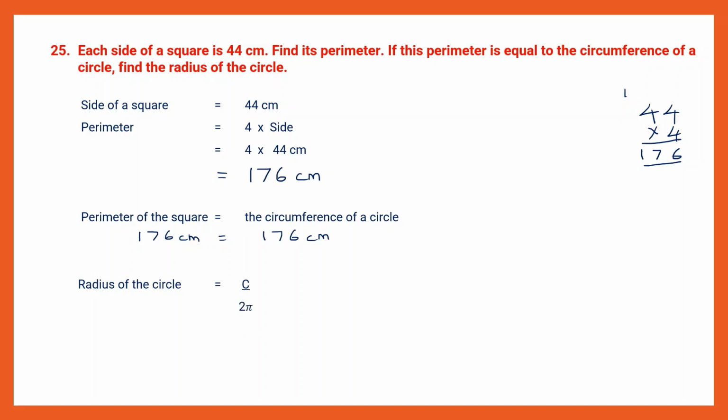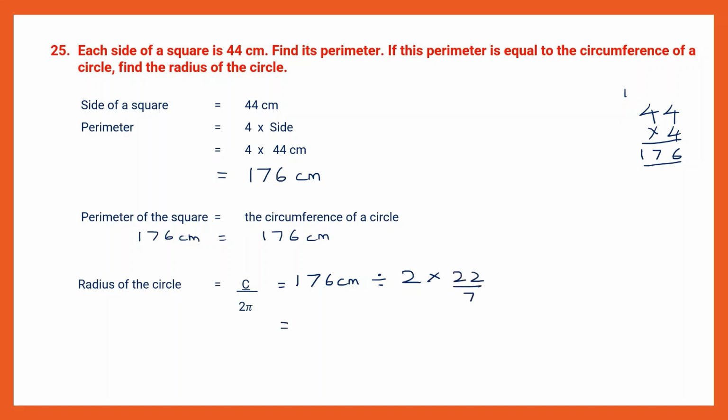Now, radius of the circle. If we have to find it when circumference is given, we have to use the formula C by 2 pi. C divided by 2 pi. C stands for circumference. So circumference of the circle we know is 176 centimeters. So let's use that. 176 centimeters divided by 2 pi. 2 into pi is 22 by 7.